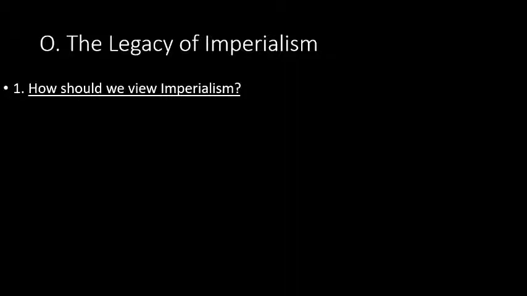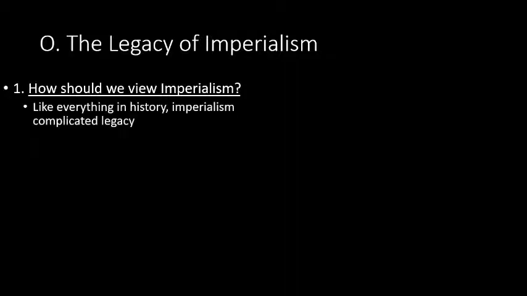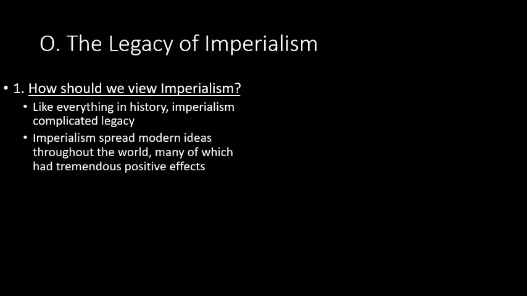So, like everything, guys, imperialism has a complicated legacy, all right? We've talked about so many things in history that if you really look at them, they're complicated. People are complicated sometimes. Events are complicated. So imperialism has a complicated legacy, and how we view it is going to be complicated.